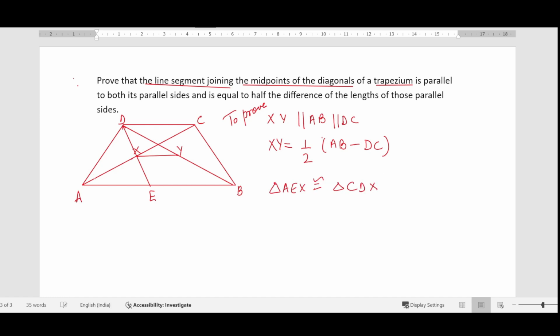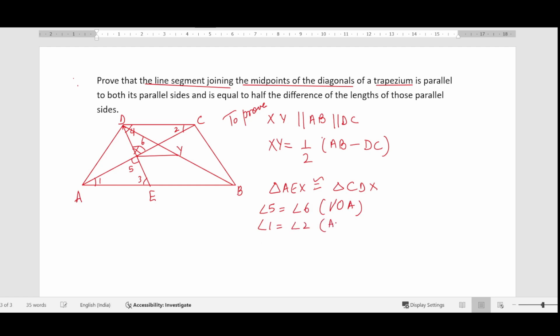Let these angles be angle 1, angle 2, angle 3 and angle 4. And this is angle 5 and this be angle 6. So angle 5 is equal to angle 6. These are vertically opposite angles. Then angle 1 is equal to angle 2.